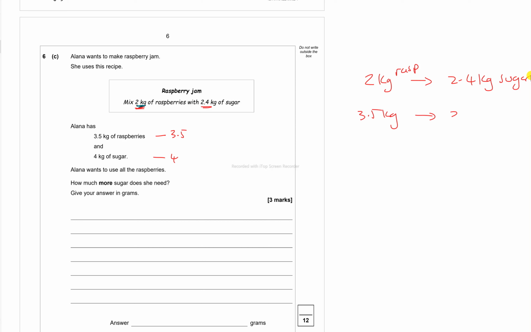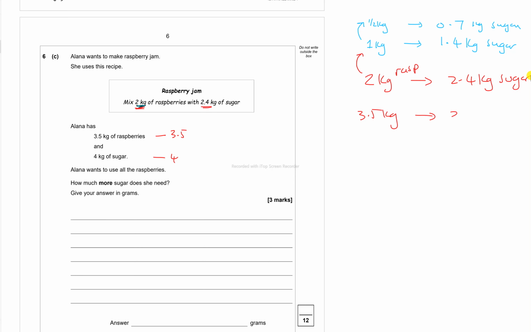Right, how can we do this? Let's do it this way. 1 kilogram of raspberries will need 1.4 kilograms of sugar. That's straightforward. Now, what happens if I did half a kilogram? That would require 0.7 kilograms of sugar.